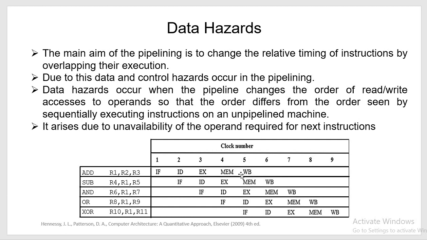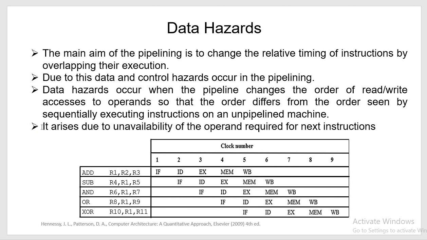So unless the data is finalized by the first instruction, the actual required data will not be stored into R1. Even if the second instruction reads the data of R1 and tries to execute, that will be a wrong result, because the actual required input data is still not ready. So that is called data hazard.